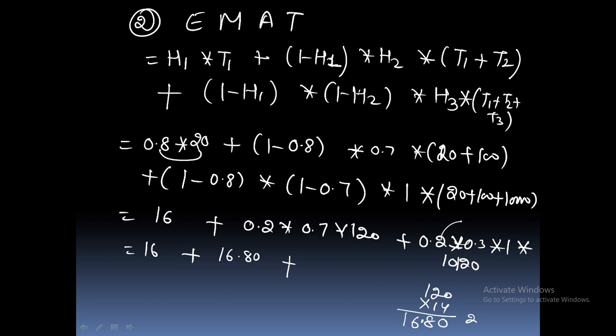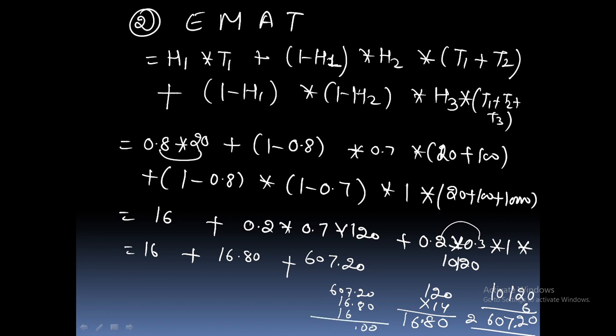Plus 0.2 multiply 0.3 is 0.06, 10,120 multiply 6 gives 607.20. 607.20 plus 16.80 plus 16 equals 640 nanoseconds, which is the answer of hierarchy.